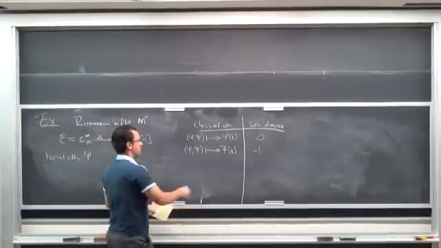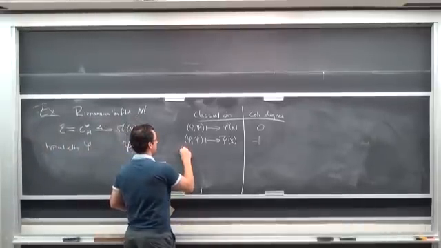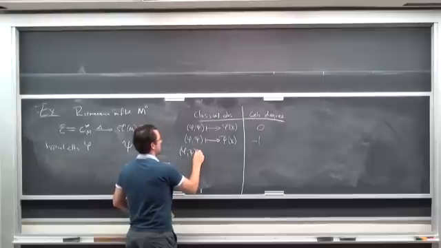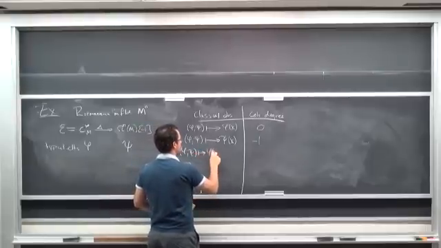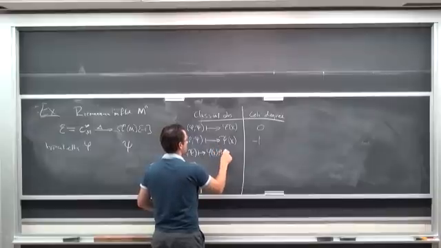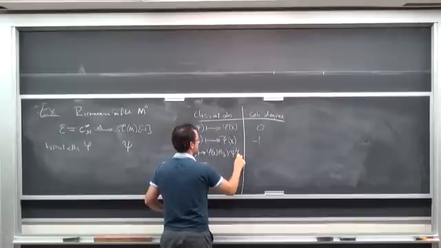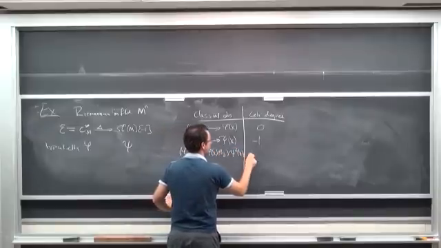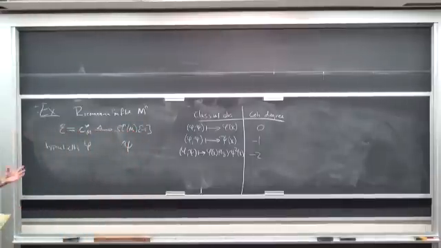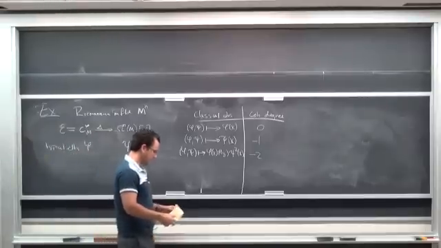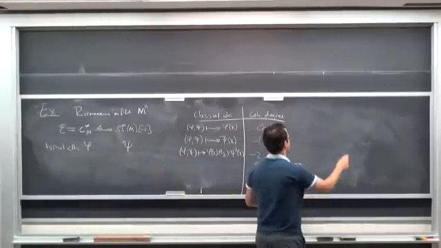Or I could do more interesting combinations. So we could do, say, phi of x, phi of y. These are just examples of classical observables. Of course there are many more, but these are the typical examples.